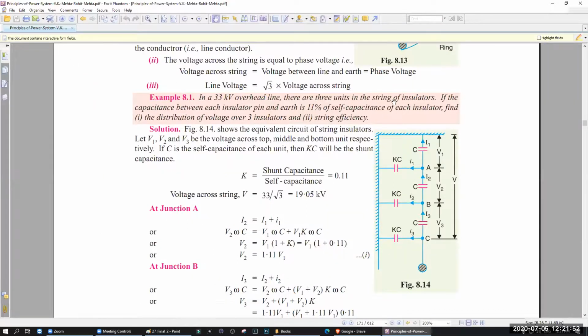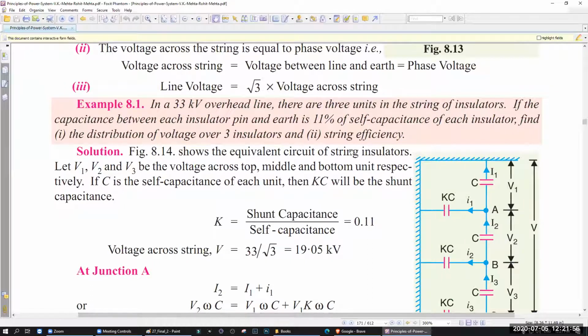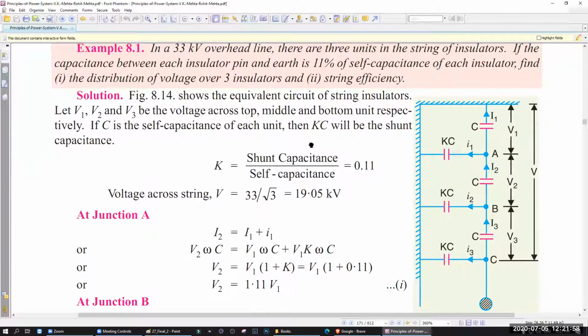In our last class, I showed you a derivation, and I told you that this math will be similar to that. Let's see the math. In a 33 kilovolt overhead line, remember, this is the line to line voltage.